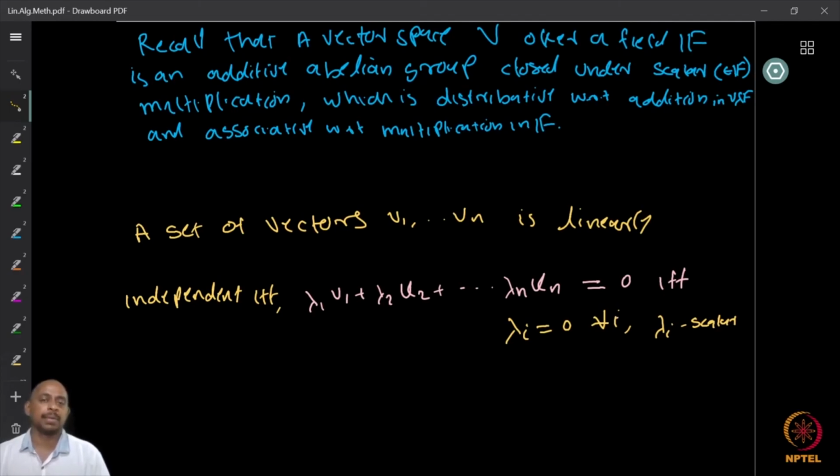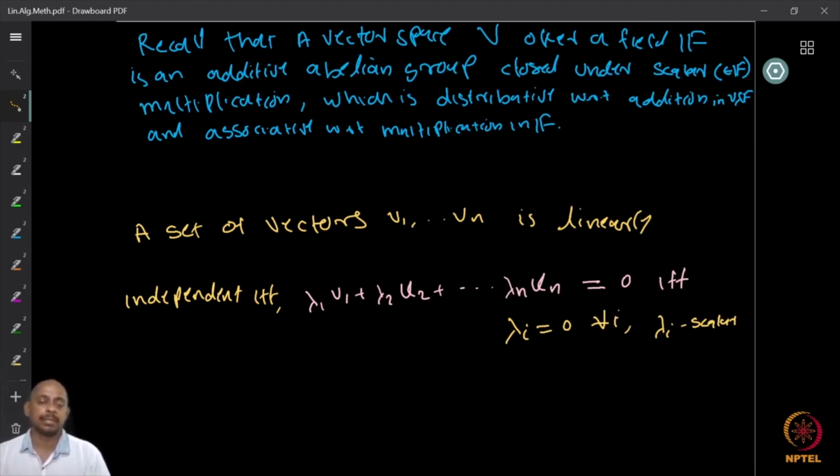With the additional properties that scalar multiplication distributes over addition, and is associative with respect to the multiplication in the field. If those properties are true, then we have what is called a vector space, and the elements of it are called vectors.